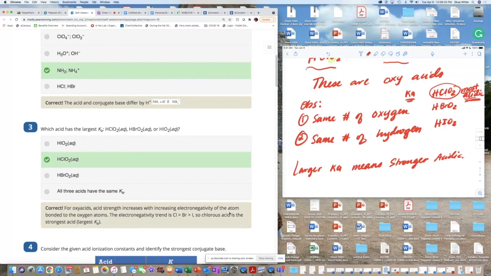So if the chlorous acid is the strongest acid, it will therefore have the largest Ka. So they kind of combined two rules in there. Strongest acid, largest Ka, and then the order of increasing acidity when you have oxy acids. And you also recognize this is an oxy acid, not a binary acid.